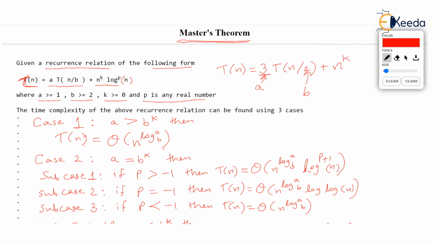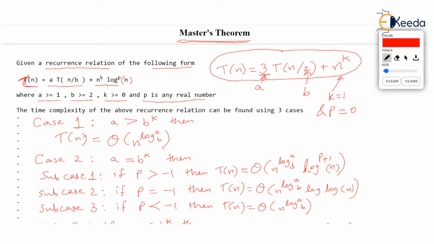So here k is 1, n raised to 1, and here p is equal to 0, isn't it? p is 0 because log raised to 0 it will be, and anything raised to 0 is 1. So the log term is missing here. Now this recurrence relation is of the form which Master's theorem needs. It is in the form given in our definition.